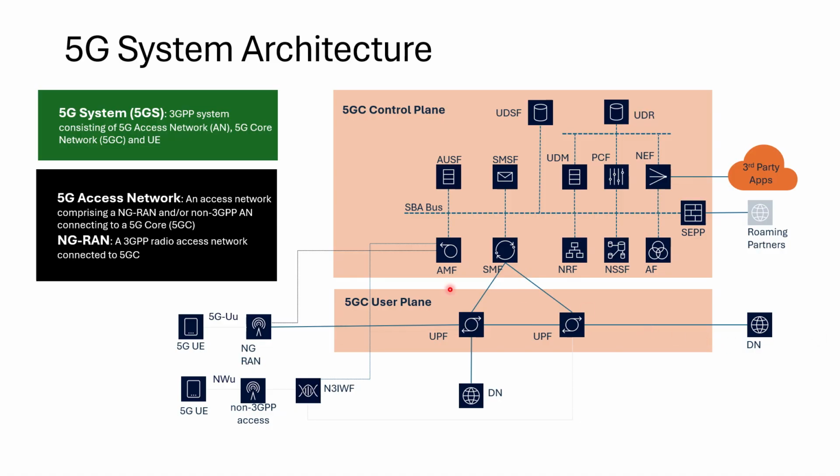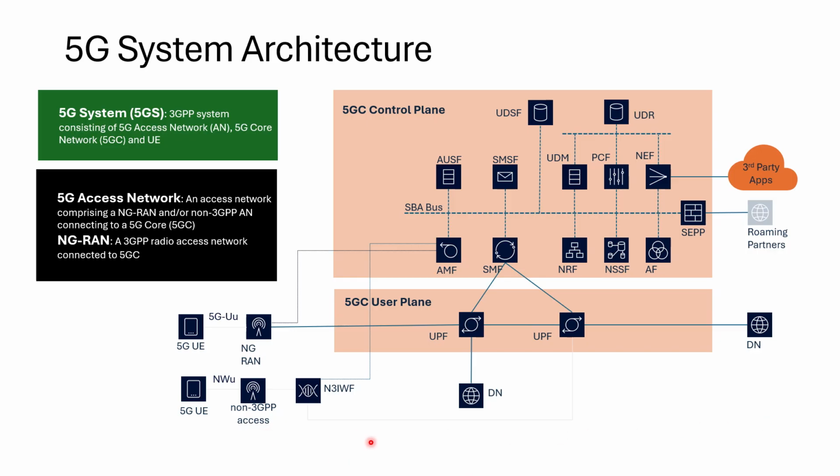So that's why we call it access agnostic. Here we have standard 5G UEs which are connected over the air interface, that is 5G NR Uu, to the NG-RAN, and this is our 3GPP access. Now you can also see a UE connected over untrusted non-3GPP access, like enterprise Wi-Fi, via the NWu interface.